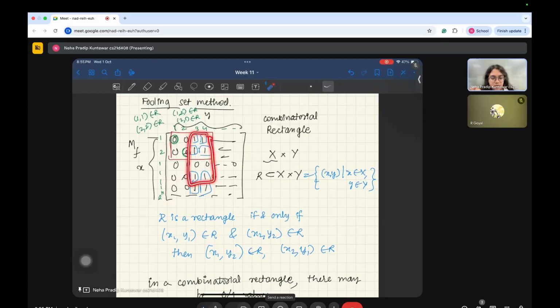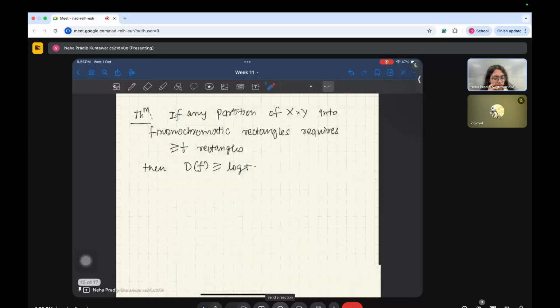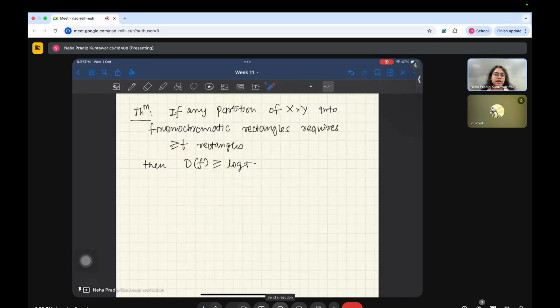The blue ones can be covered with another rectangle, and the remaining two zeros with one rectangle. So the question is, what is the minimum number of monochromatic rectangles that you need to cover the entire matrix MF? If that is always guaranteed to be at least t, then that gives us a lower bound on the communication complexity of f.